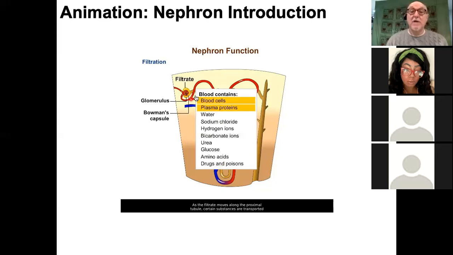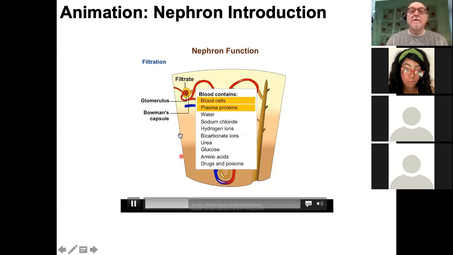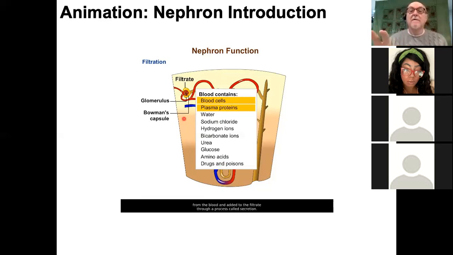So as it moves along, the proximal tubule can secrete substances like ions, hydrogen ions, bicarbonate ions, poisons, drugs, but this can also resorb.